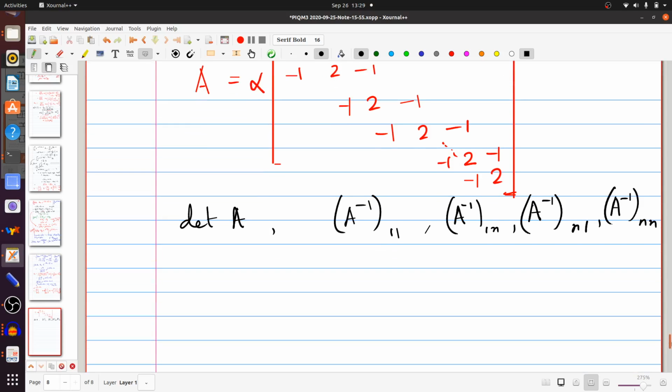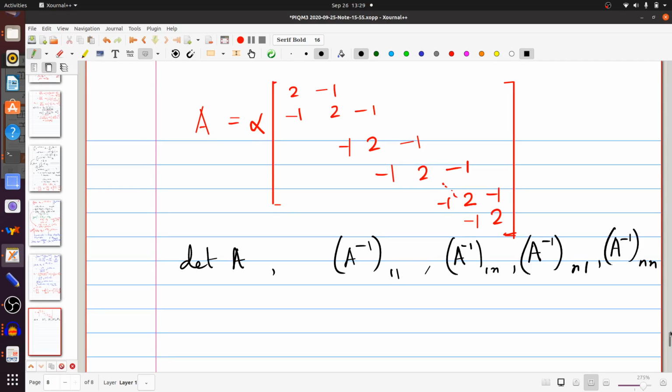For the time being, let's also point out one thing. Let's forget about the alpha for the time being. Let's put alpha equal to 1 at this stage, or just ignore the alpha. We can always put in the alpha in the final answer, right? Because if we can figure out the determinant of this matrix, then determinant of A is simply alpha to the n times that.